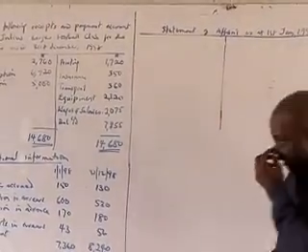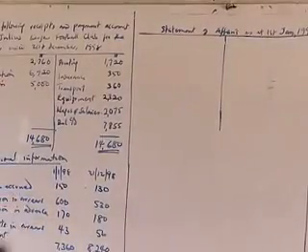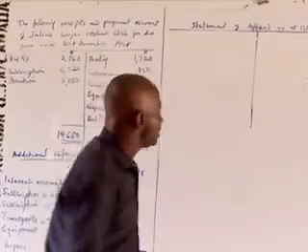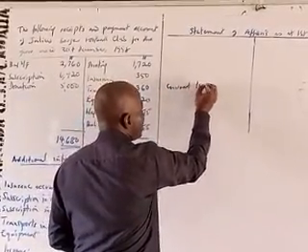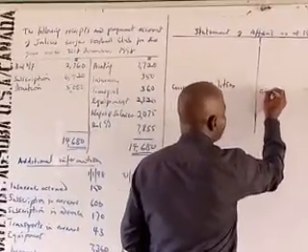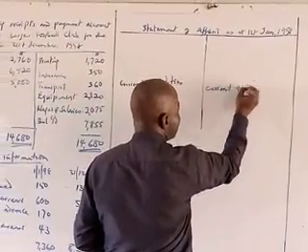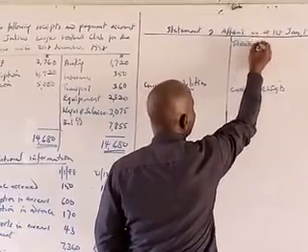So let's look at the additional information given to us. Insurance accrued. It's a liability. So let's start posting current liabilities. We have our current assets. We have our fixed assets here.